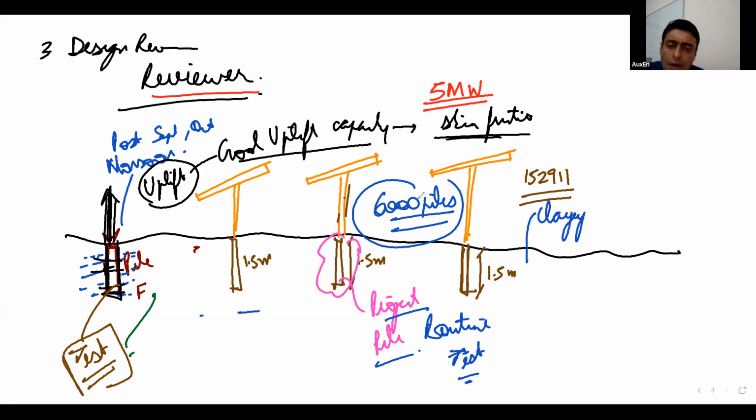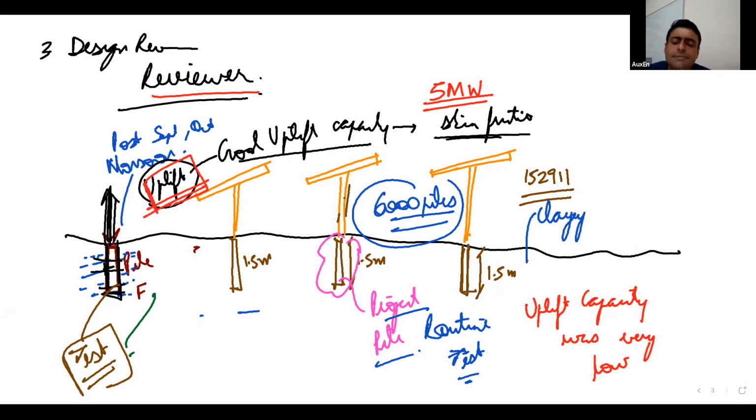And to their horror, in the routine tests that they conducted, they noticed that their uplift capacities were coming very low, very low as compared to the results that they had got from their initial tests.